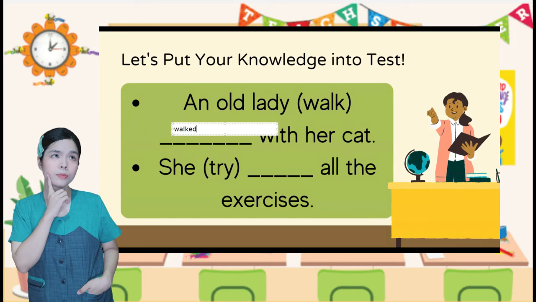Walked with her cat. Next one. She tried all the exercises. The verb here is try. How shall we form the past tense? Since it is preceded by a consonant, change Y to I and add ED. So she tried all the exercises.